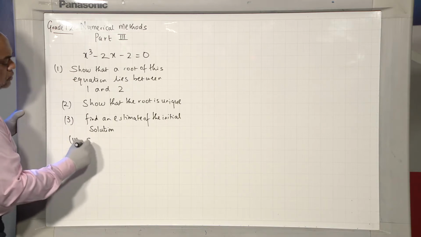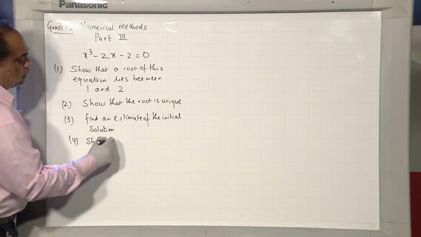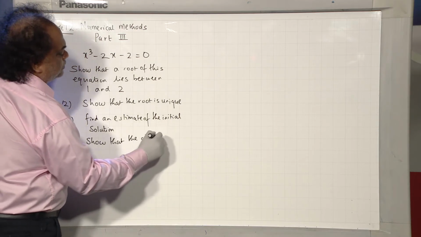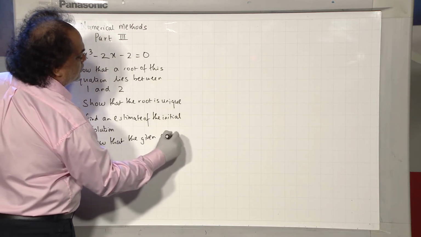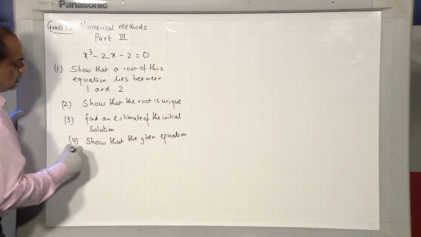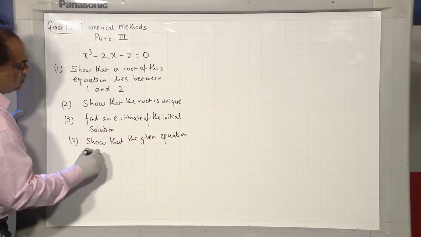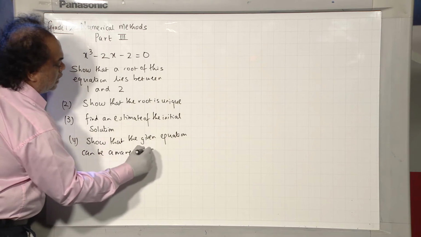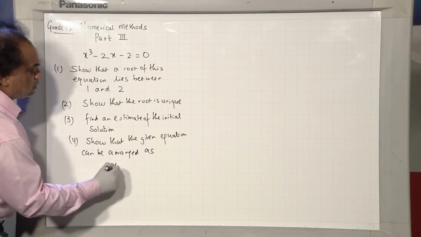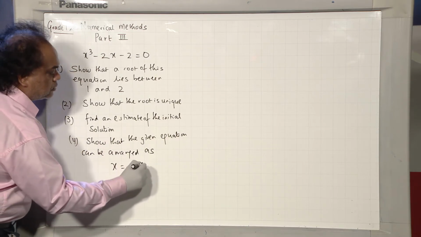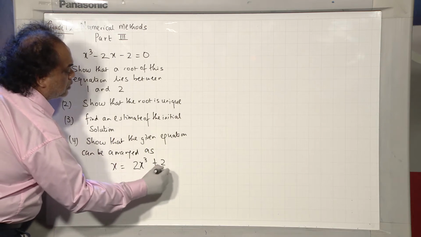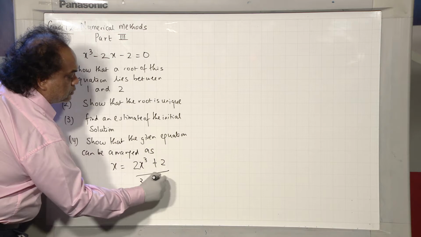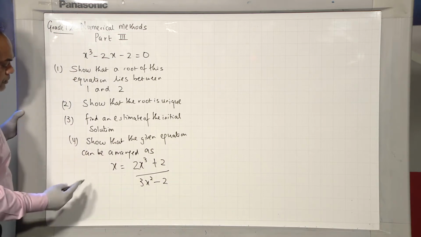Fourth, show that the given equation can be rearranged as x equal to (2x cubed plus 2) divided by (3x squared minus 2).